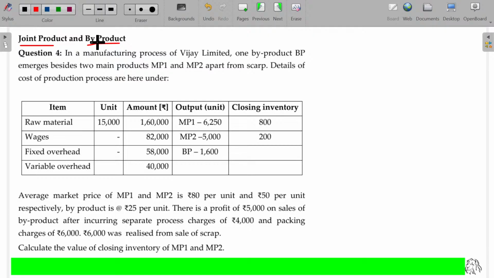In a common process, by the end of the process, you may get 2 or 3 products as output. If all the 2 or 3 products have equal importance in the market, then they are called joint products. From crude oil, after the first refinery process, you get petrol, diesel, even white petrol can be refined, and sweet petrol.